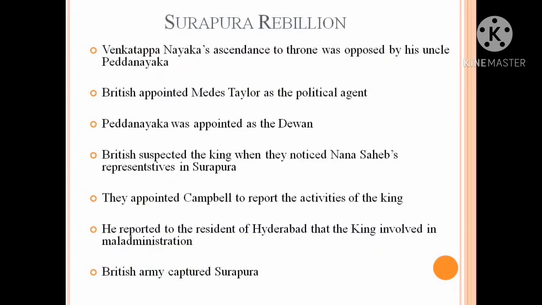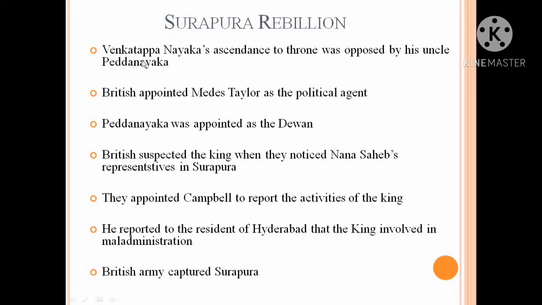Next we have to discuss the Surapura Rebellion. At Surapura, Krishna Nayaka died. After his death, his son Venkatappa Nayaka came to power. But Venkatappa Nayaka's ascendance to the throne was opposed by his uncle, Krishna Nayaka's brother, Pedda Nayaka.